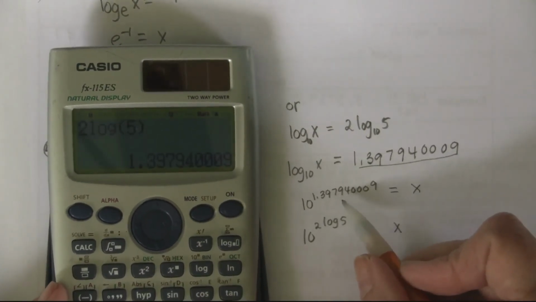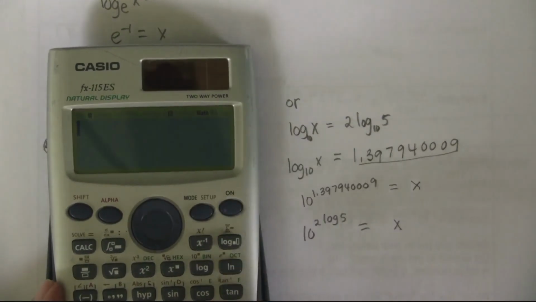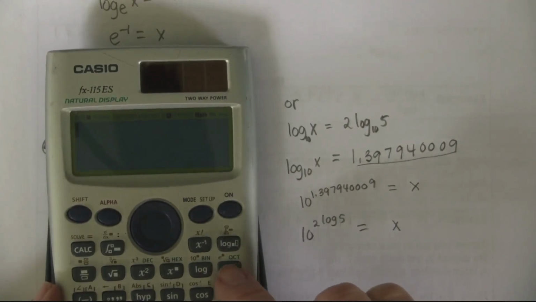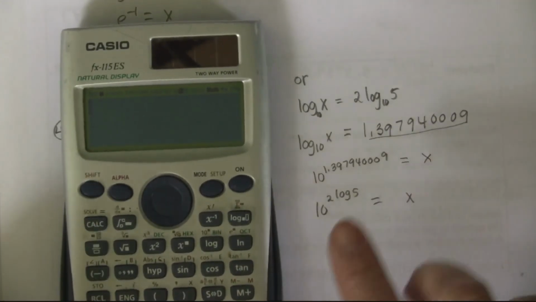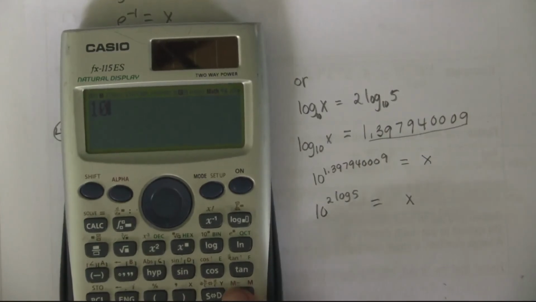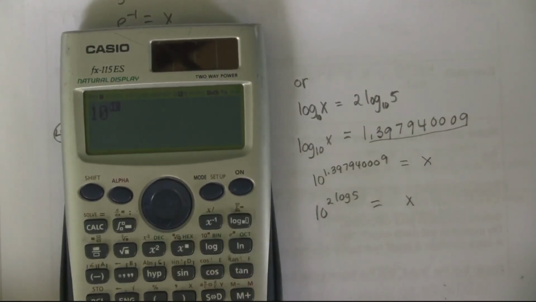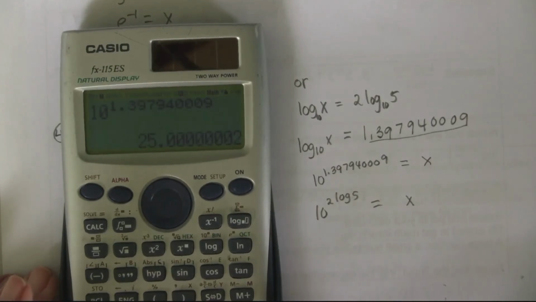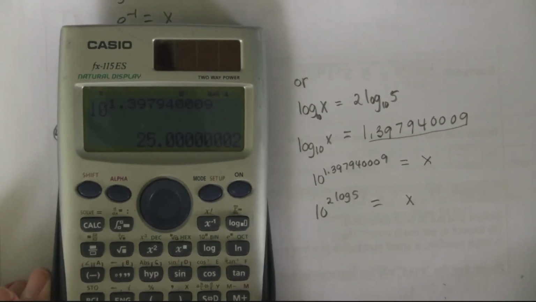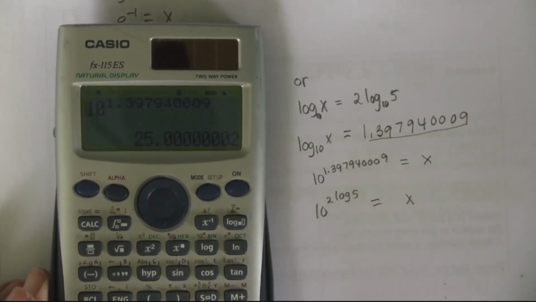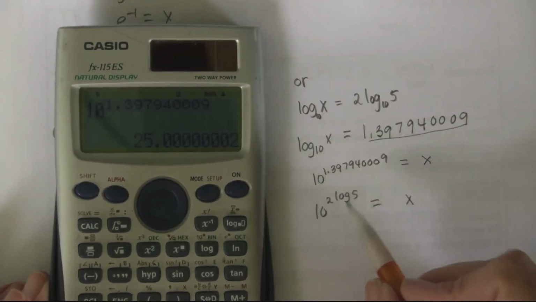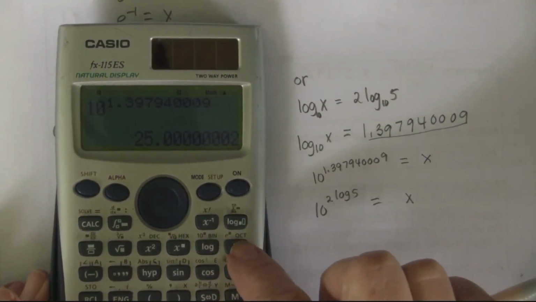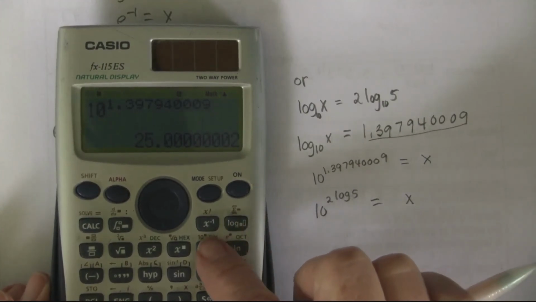I'll try it both ways. So when I try it here, I might get some rounding error. 10 raised to 1.397941239 pretty much gives me 25, which we knew the answer was. You notice that almost gave me 25.